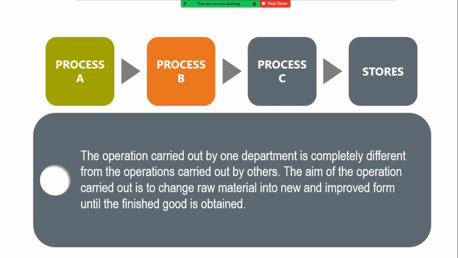So whenever we have output from process A, for instance, that goes to process B, we expect that as it comes out of process B, it is in a more improved form as compared to when it came out of process A. So that is the aim of each of these processes.